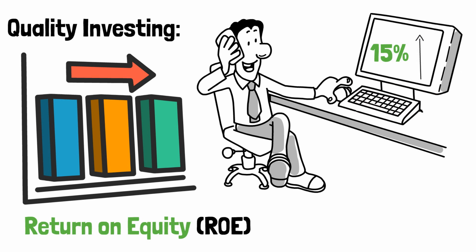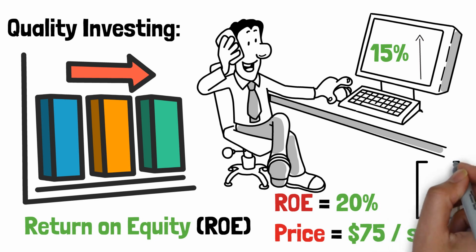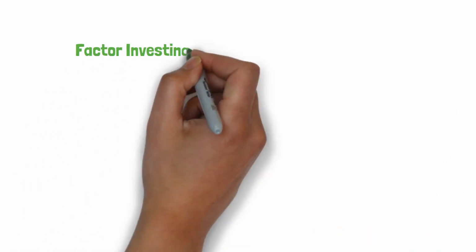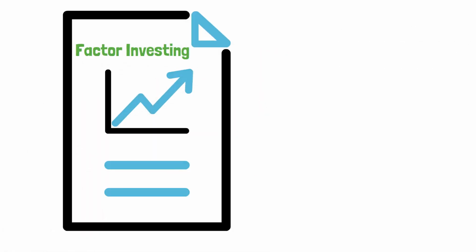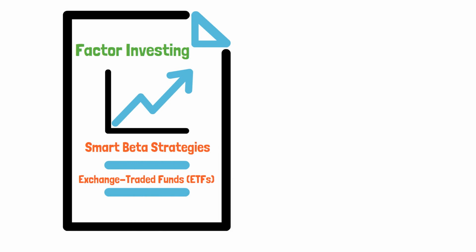They might find a stock with an ROE of 20% and a price of $75 per share. If the company has a strong balance sheet and a history of stable earnings growth, it could be considered a high-quality investment.